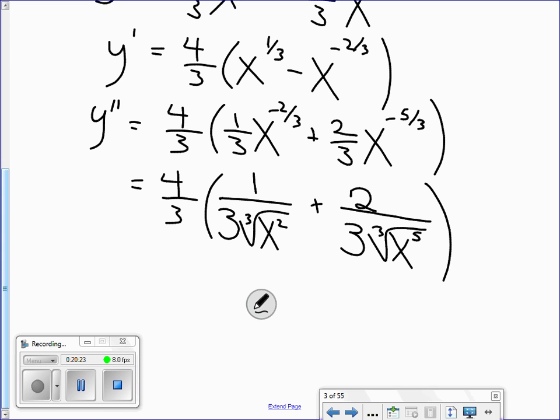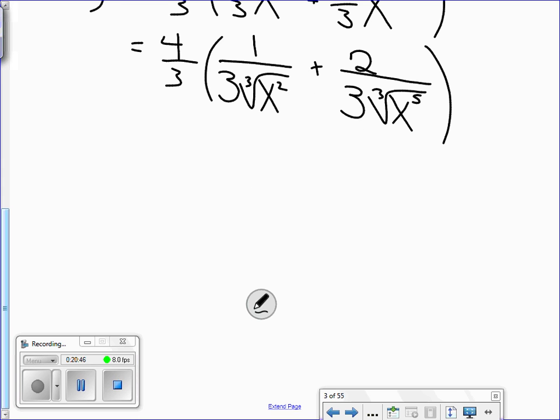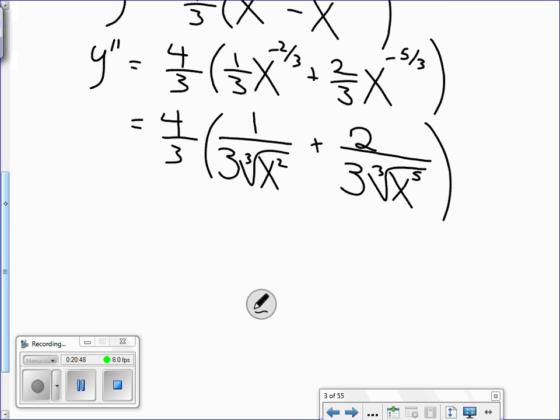Can anyone stay with me and not run away at this point? Does anyone say, because of the cube root of x to the 5th, can we break that up? Yep. This can be broken down because x to the 5th is x cubed times x squared.